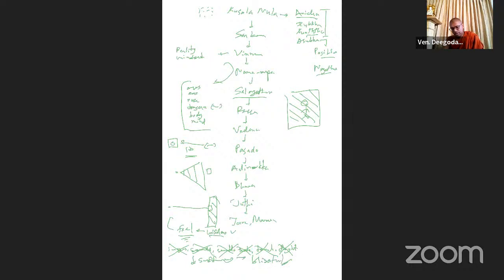So back to the Paticca Samuppada. The Salayatana would be created, and the Passa and the Vedana would be a blissful Vedana, because you are experiencing Dhamma, the blissfulness of Dhamma, and that would create pasado, not tanha. Tanha would not be created, because tanha is something created with avidya, or value.